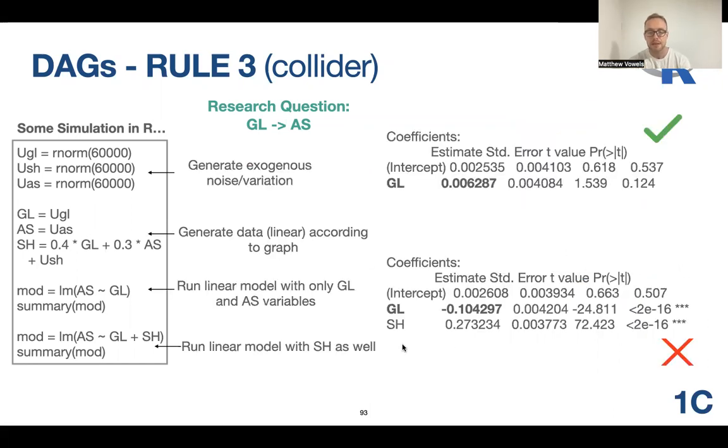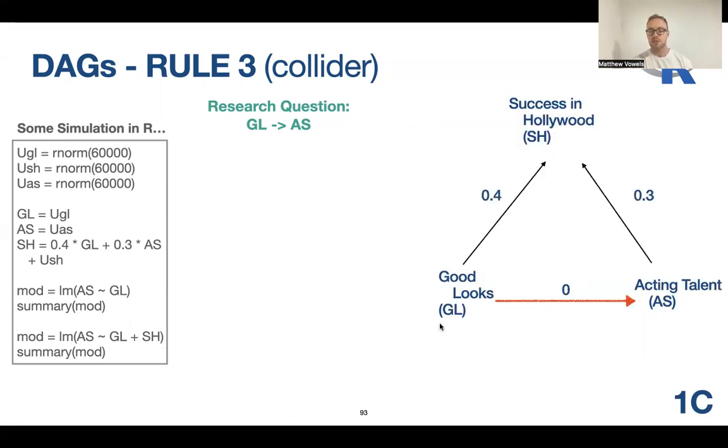And so you can see that when we do condition on the collider, we get the wrong result in this case, assuming our research question is looking at good looks on acting talent. Again, as we'll talk more about in the backdoor criterion section, there's a flow of information between good looks and success in Hollywood, but then that is blocked according to rule 3, unless we condition on success in Hollywood.